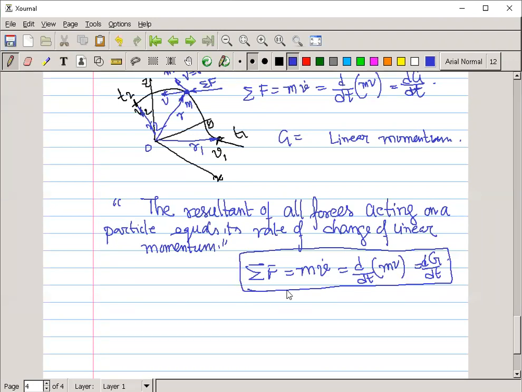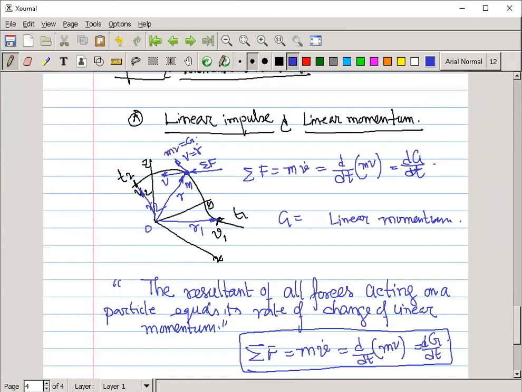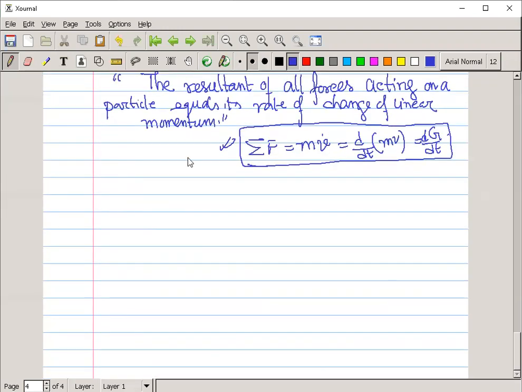Now, as per our topic, linear impulse and linear momentum, linear momentum is this one. So now, what is the linear impulse?